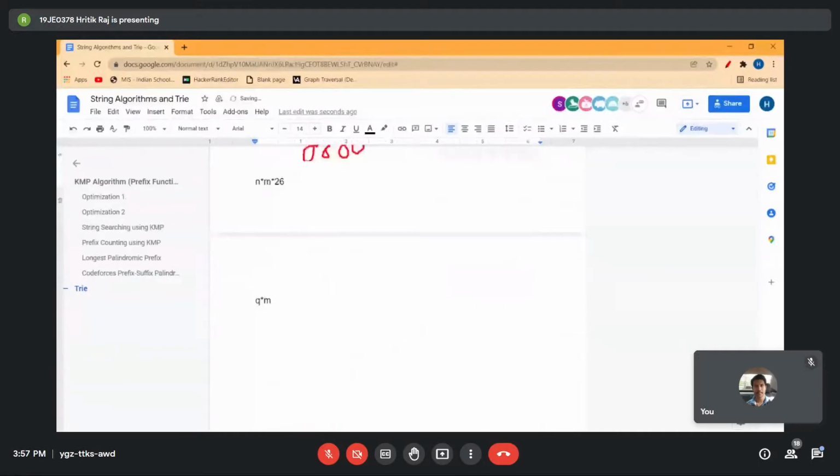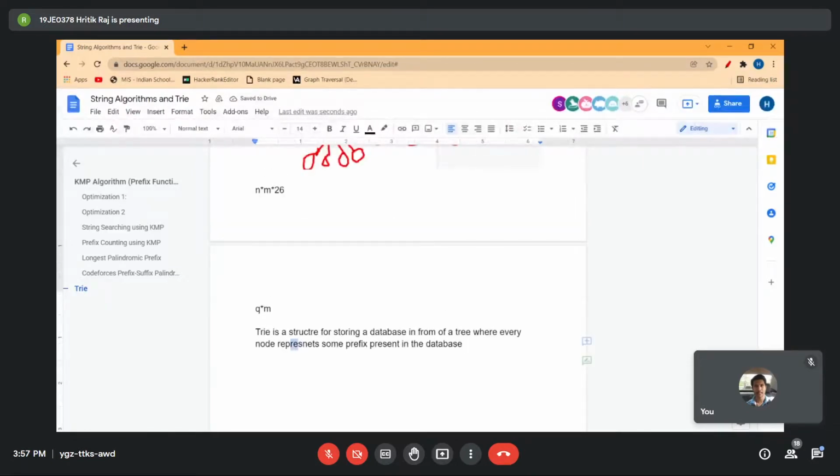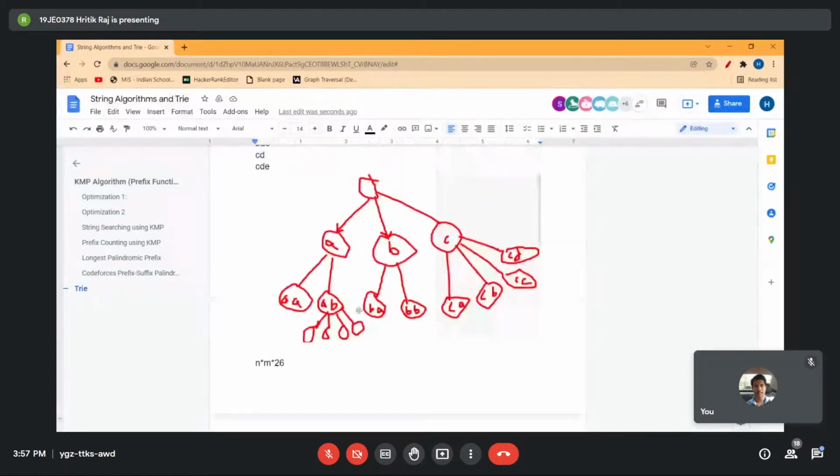Then a trie is a structure storing a database in the form of a tree where every node represents some prefix present in the database. Okay. So if you start from the root and go to that node, then it will represent some prefix which is present in the database.